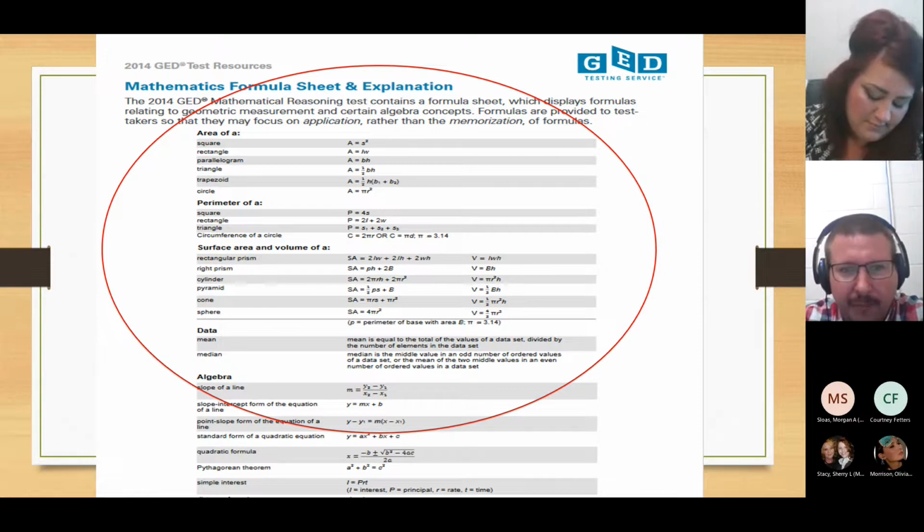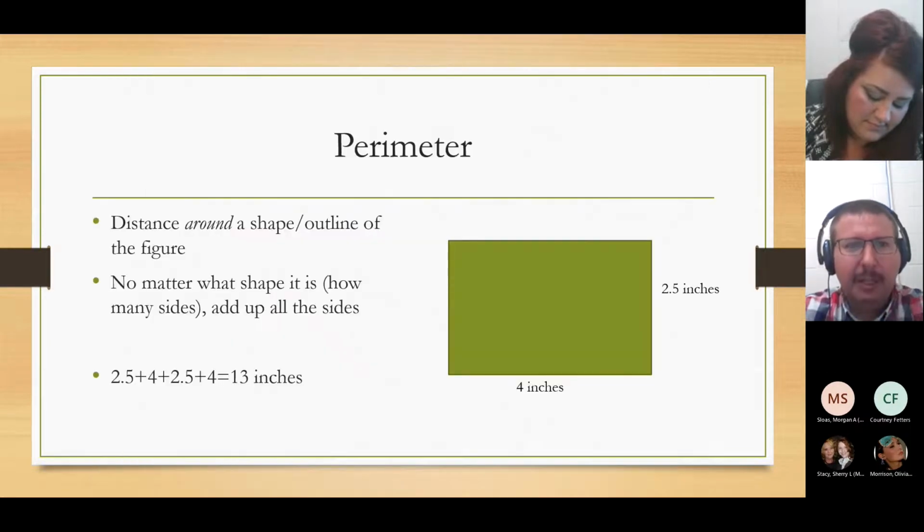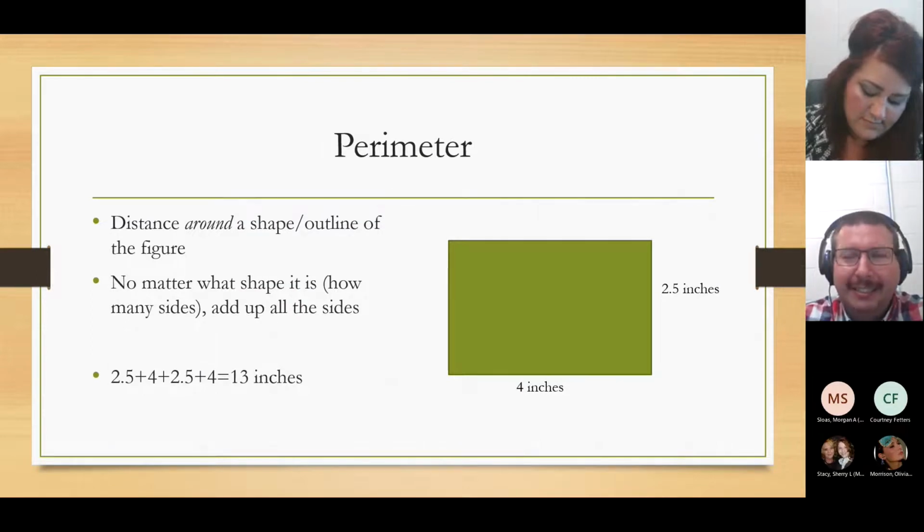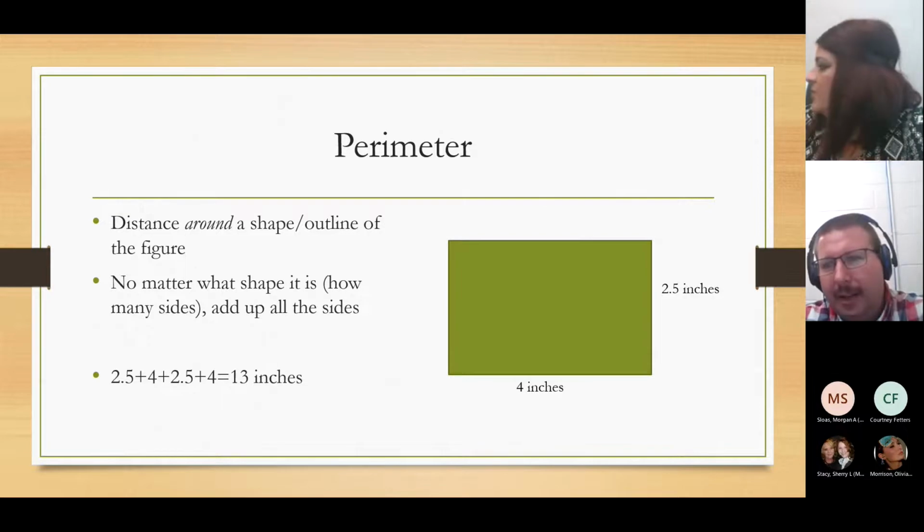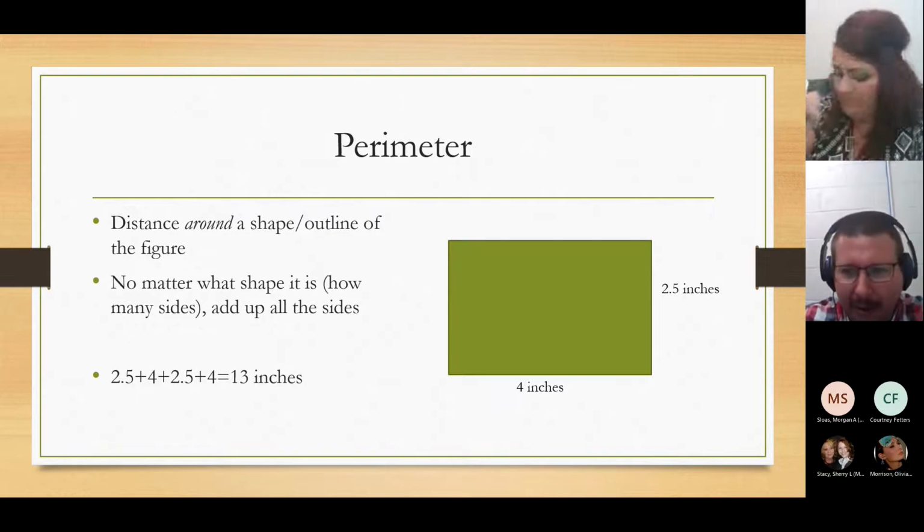With geometry, the first thing is something called perimeter. Perimeter is the distance around a shape. You're probably thinking in the back of your mind, I'm never going to use this in life. Yes, you will.